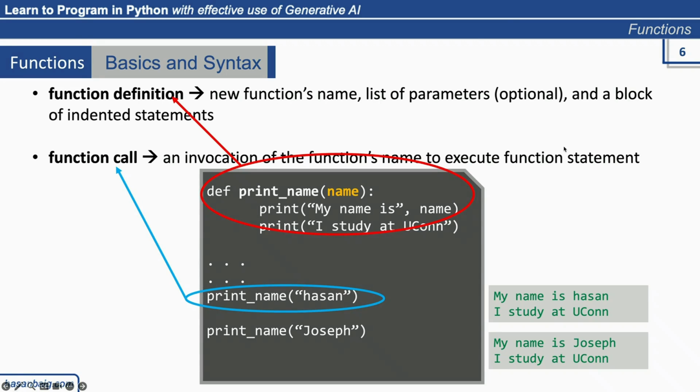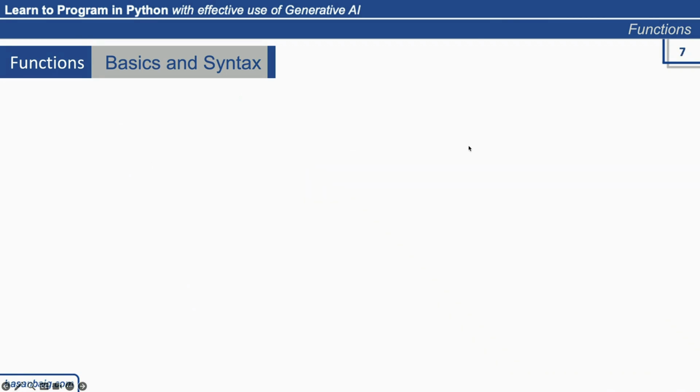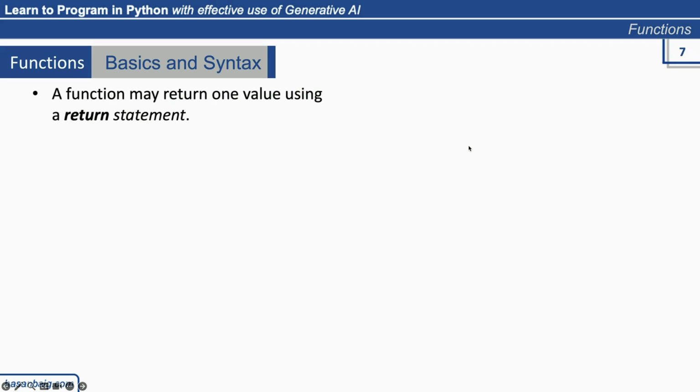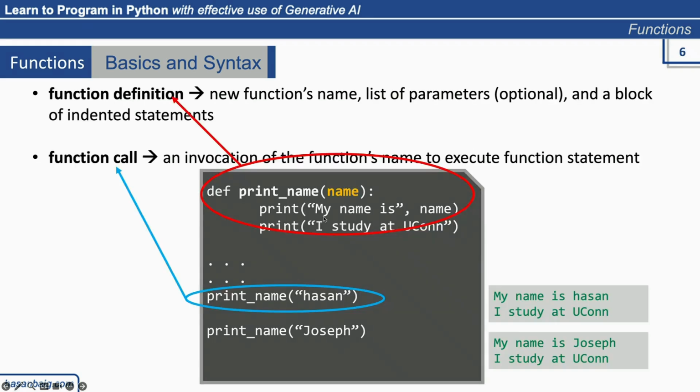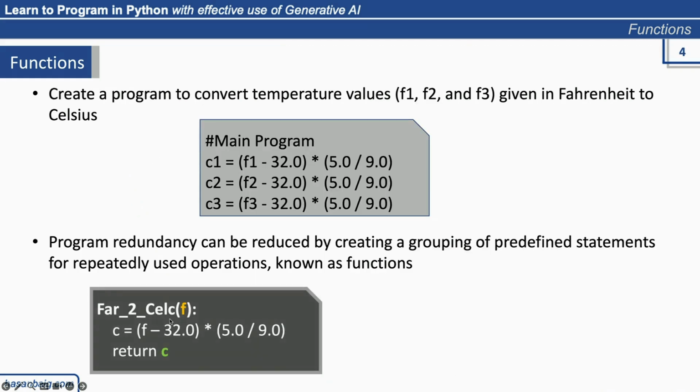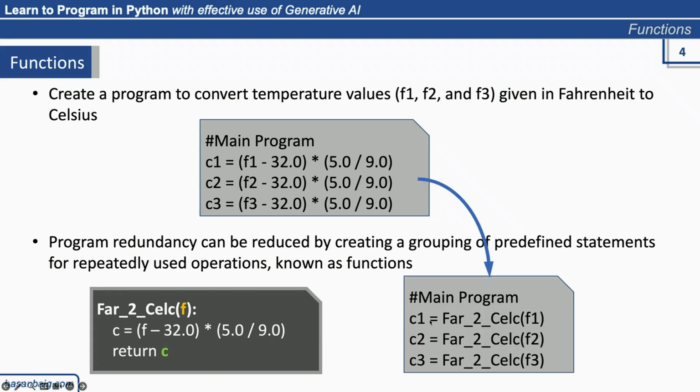Okay, so let's proceed ahead with some definitions. A function may return one value using a return statement. This is important to state here. You see this function has no return statement, compared to what you saw here. If it has a return statement, it will perform some operation and then generate an output that will be assigned to where the function was called from.